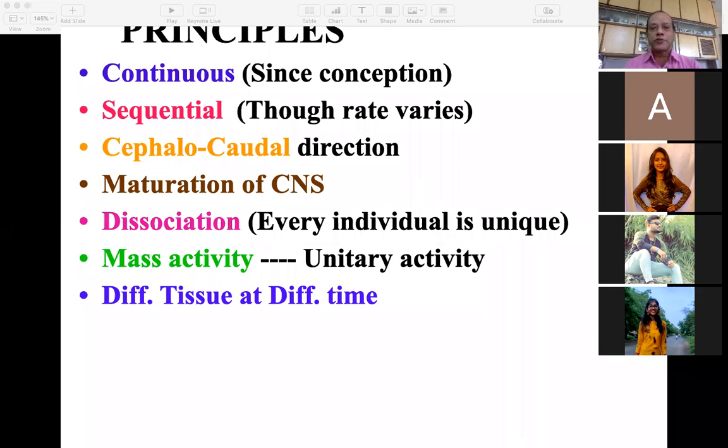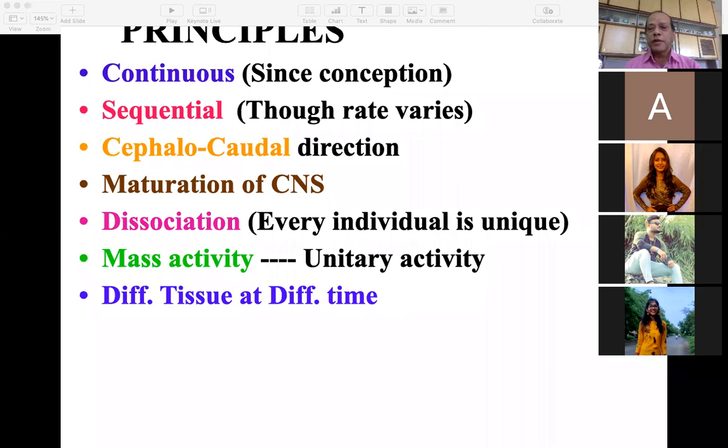Now, what is dissociation? Dissociation means every individual is unique. So though there are growth and development principles, there can be some variation from individual to individual. The simplest example is the child may be sitting, standing, running, but he may be having delayed speech.